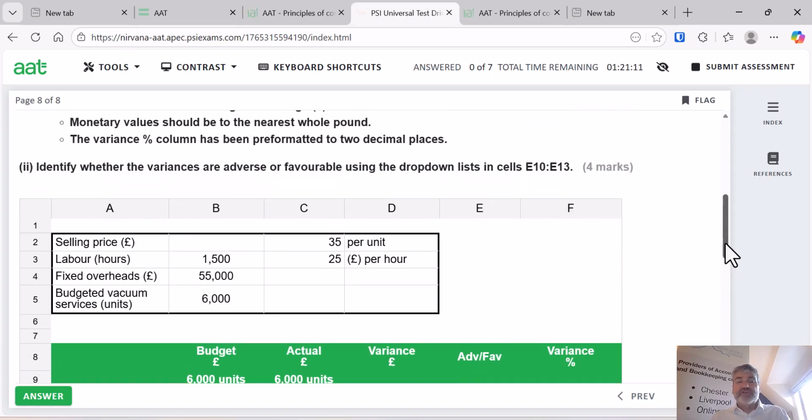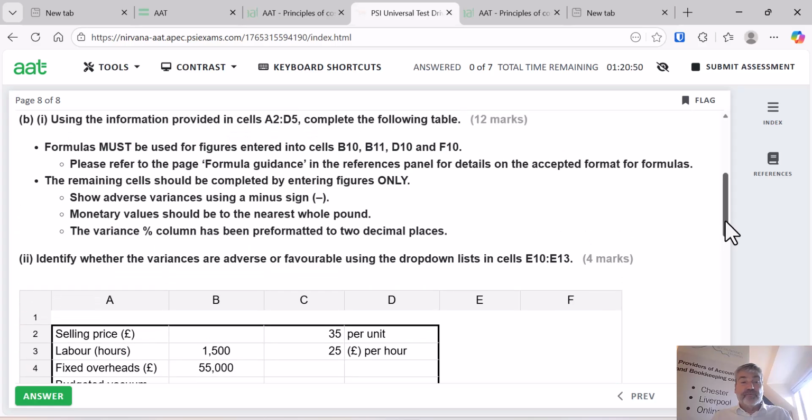So we've got a box at the top of the spreadsheet which gives us some underlying information about prices and costs per hour, labour hours, fixed overheads in total, and also the overall budgeted number of, in this case, service units.